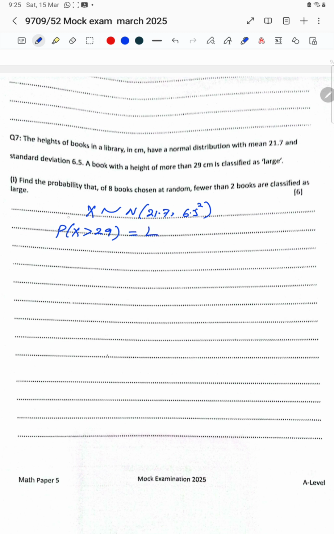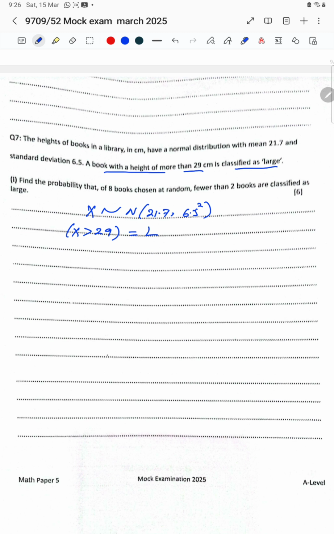Find the probability that of 8 books chosen at random, a book with height of more than 29 is classified as large.